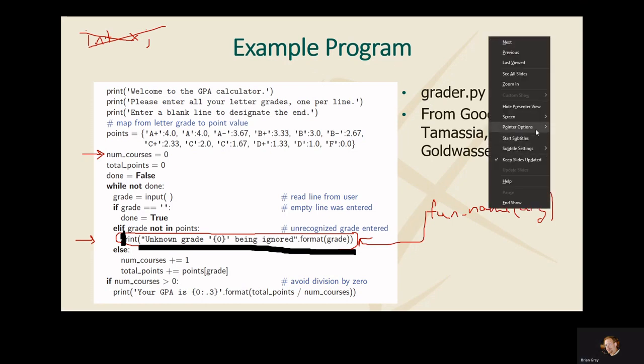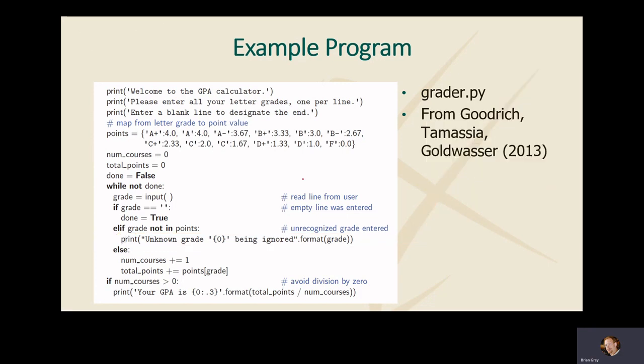Pointer options, erase all, and slide, right? So yeah, we have a literal here and a literal here. We also have a literal here. We're saying, hey, I want you to create a dictionary, right?